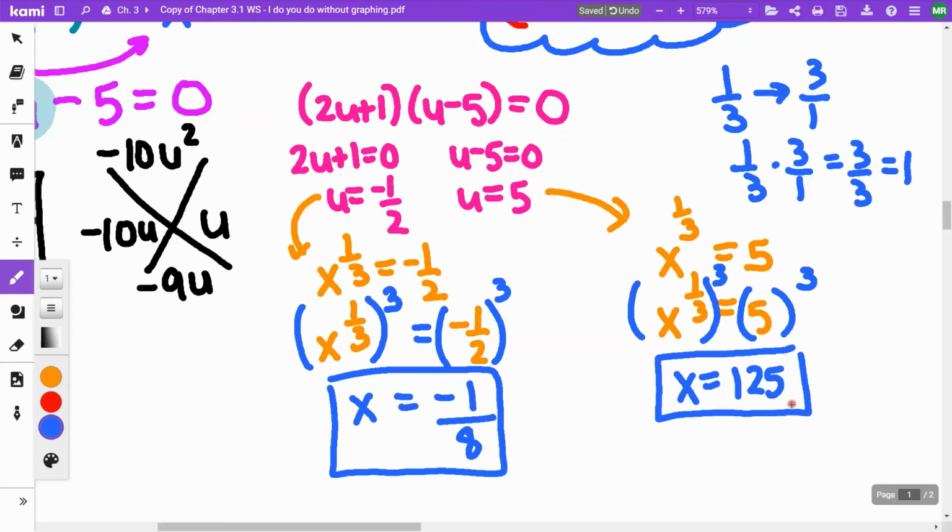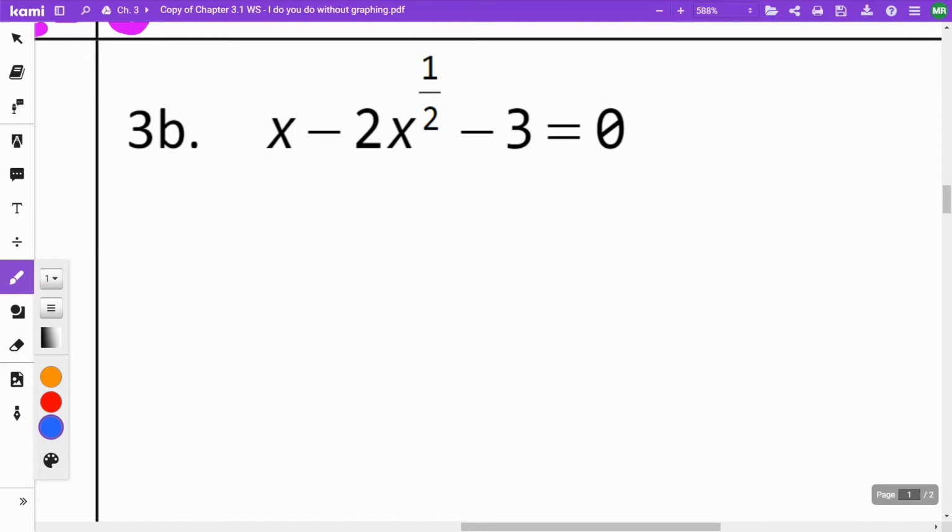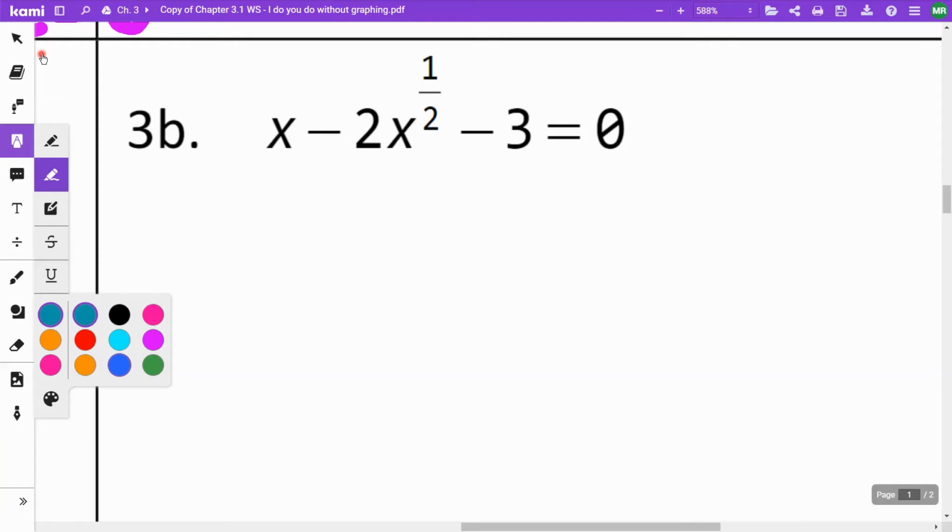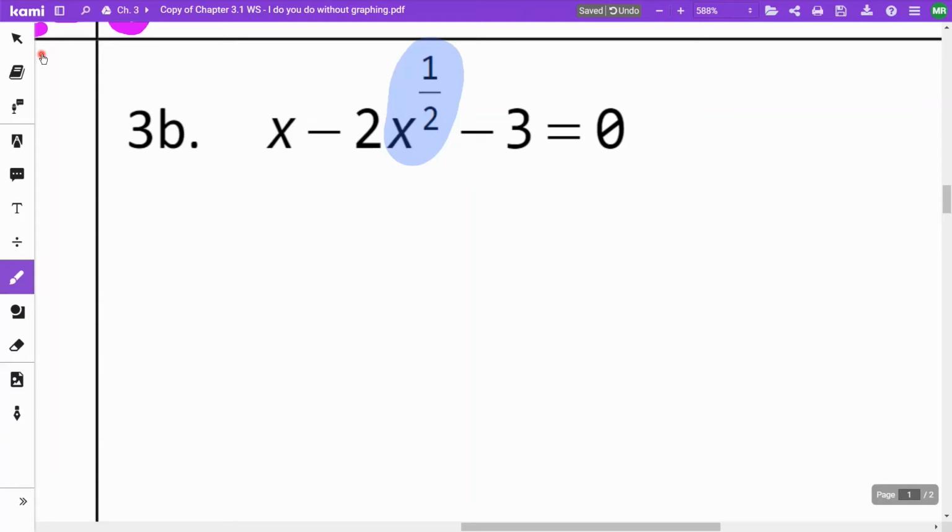So I want you guys to do the one next to it, and then we're going to talk. For this, I'm hoping that when you see x to two different powers in the same problem, it's quadratic in nature. That's what we're looking at. So I'm going to let u equal x to the 1/2.